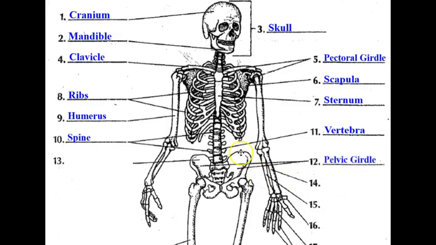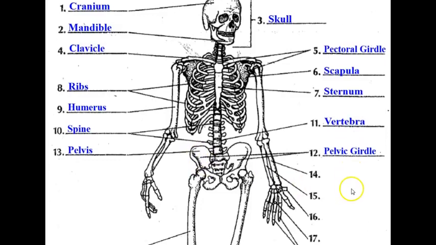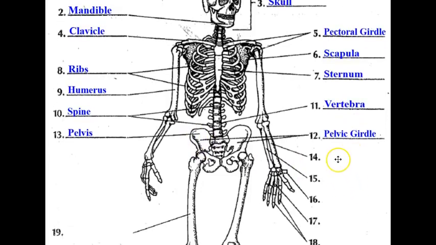The pelvic girdle, which is this entire set of bones in here, which includes the pelvis. And then we'll skip here and go to the lower arm bones, which on your thumb side is your radius, and on your pinky side is the ulna.